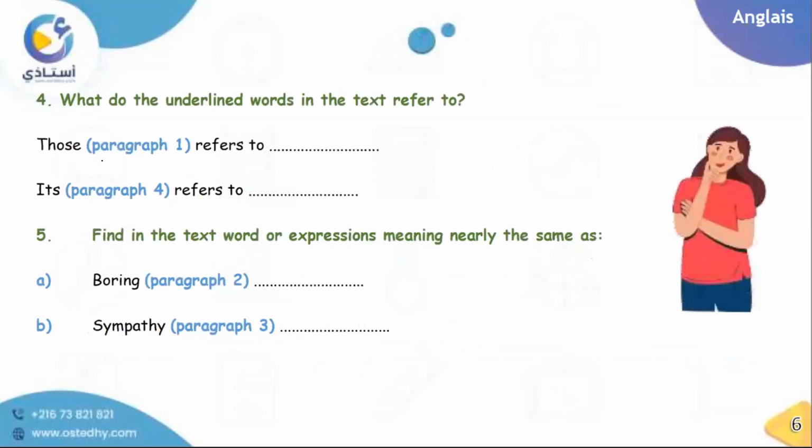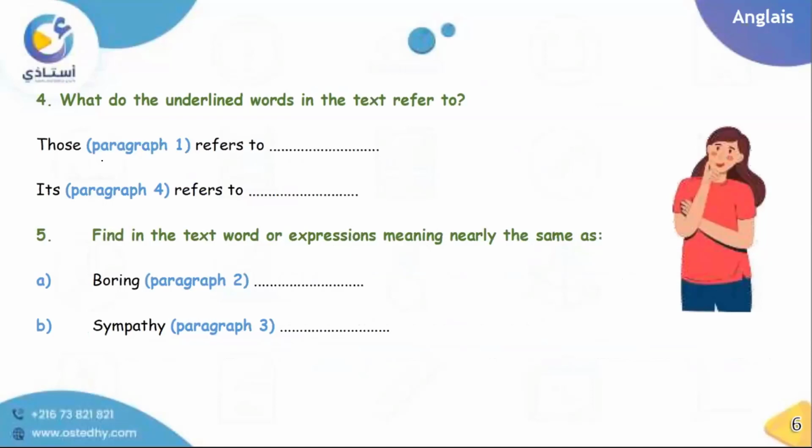Now, let's continue. The following questions that you can have are these two. Either you need to know which words do these or to which does these words refer to. And the second one, you need to find some synonyms or antonyms from the text. So what do the underlined words in the text refer to?